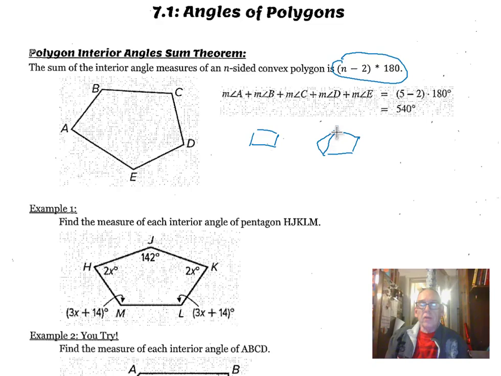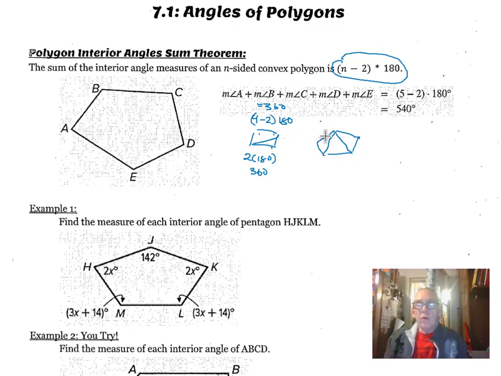If you draw a diagonal from one vertex, in the 4-sided figure, you get 2 triangles. 2 times 180 gives us 360 degrees. The sum of the angles of this quadrilateral is 360 degrees. Number of sides, take away 2 times 180 equals 360.